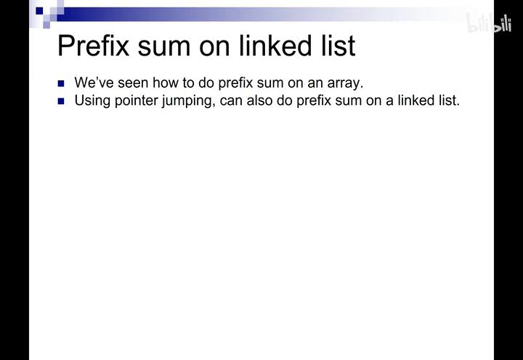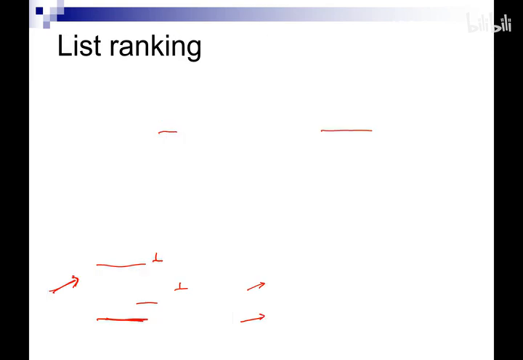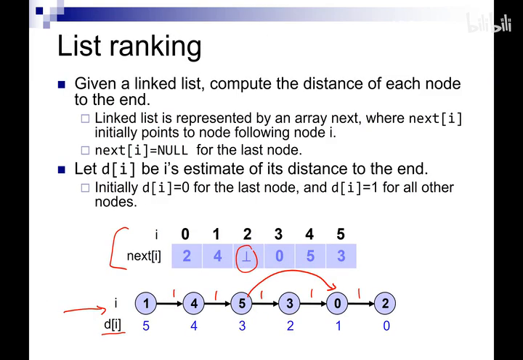Just like for the list ranking problem, suppose this was your input. Now let's say that you have a bunch of values. Suppose these values here are no longer the IDs, but they're the actual input values. Then if you want to compute a prefix sum on this, this node should output 2. This node should output 0 plus 2, which is again 2.